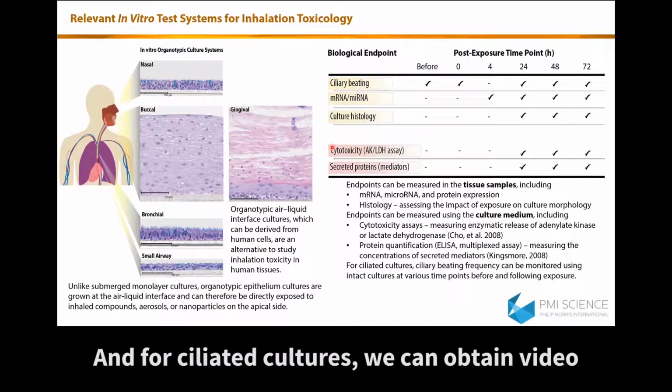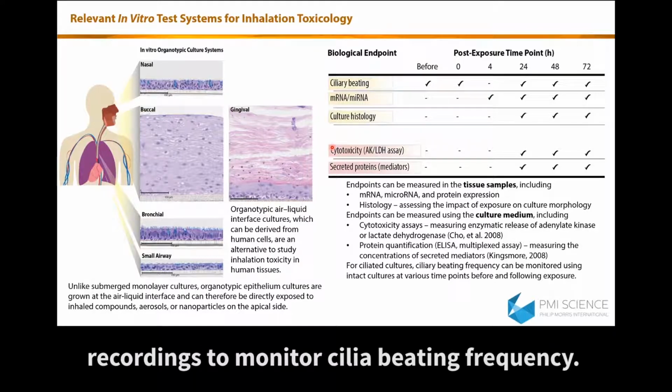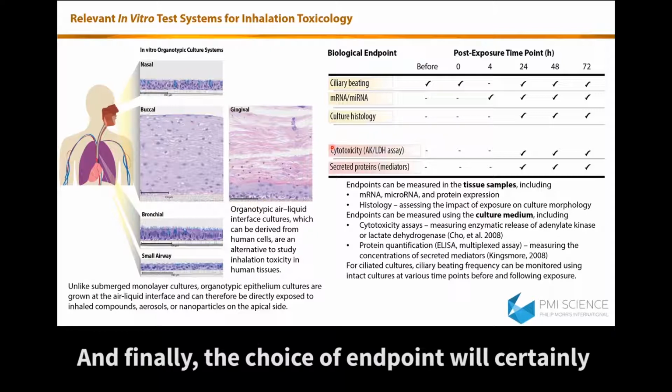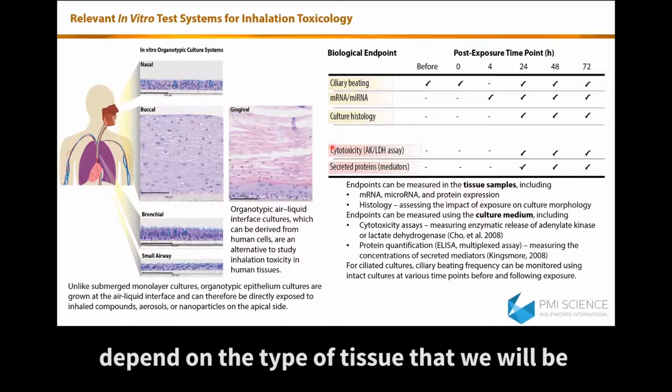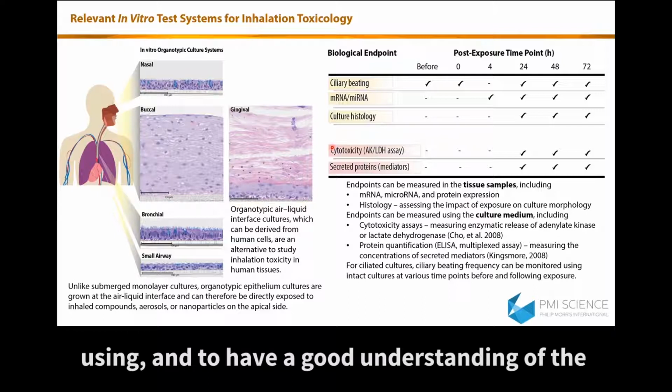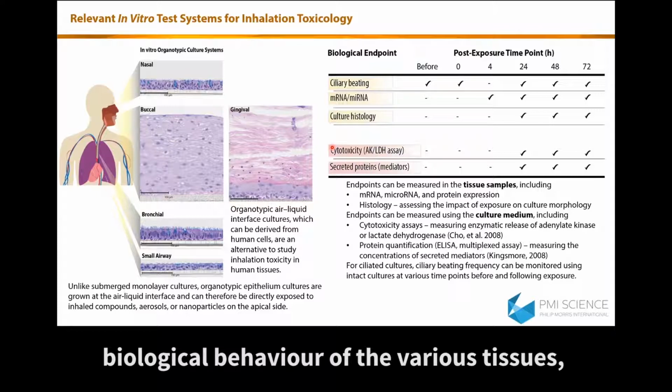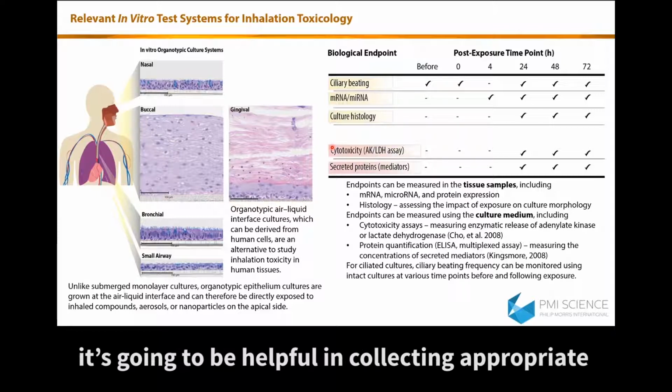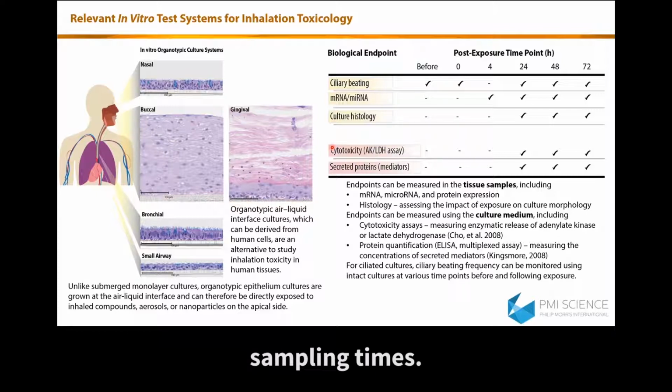And for ciliated cultures, we can obtain video recordings to monitor cilia beating frequency. And finally, the choice of endpoints will certainly depend on the type of tissue that we will be using, and having a good understanding of the biological behavior of the various tissues is going to be helpful in selecting appropriate sampling times.